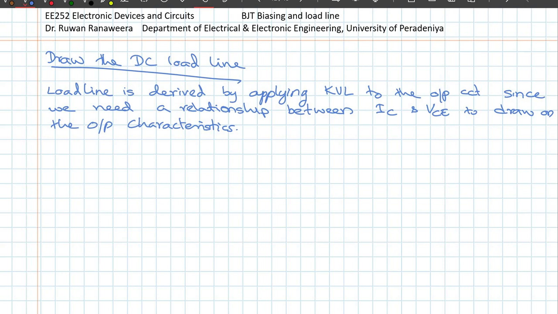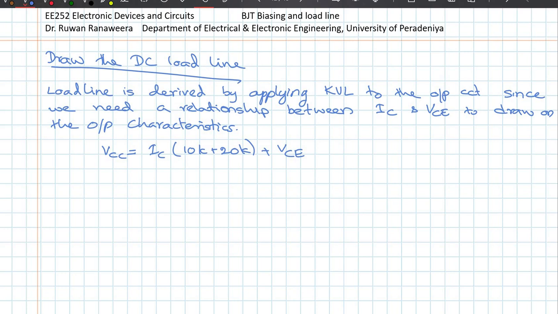So we already have this expression, which is VCC is equal to, I'm going to write IC instead of IE because they are equal, IC times (10K plus 20K) plus VCE, roughly.